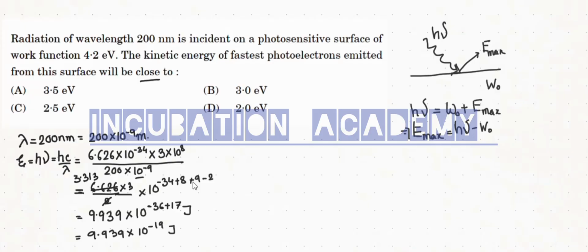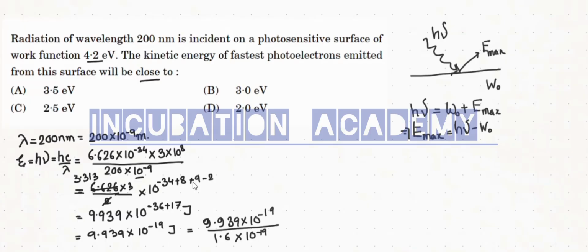Now, to compare with the work function, 4.2 electron volt, I convert joule into electron volt. So it is 9.939 multiplied by 10 to the power minus 19, divided by 1.6 into 10 to the power minus 19.